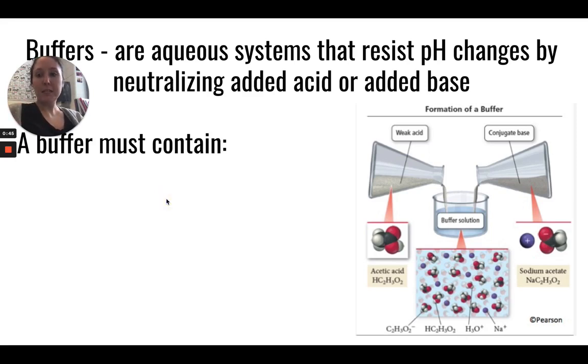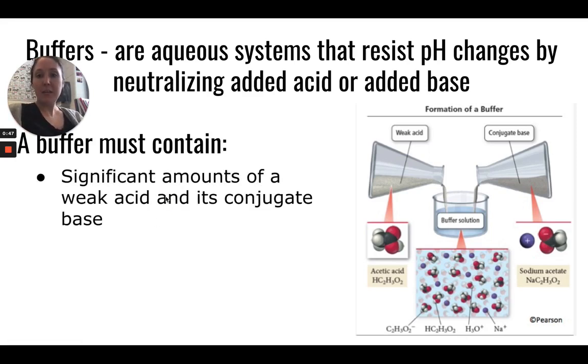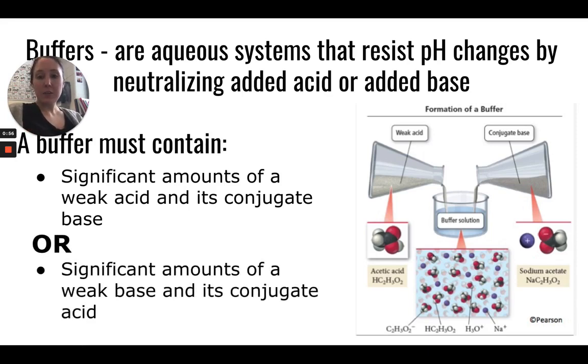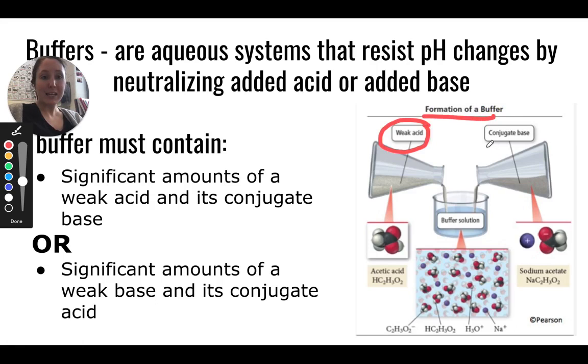A buffer must contain significant amounts of a weak acid and its conjugate base, or it has to contain significant amounts of a weak base and its conjugate acid. Over here in this diagram, this is forming a buffer, and I'm taking a solution of a weak acid and its conjugate base, and I'm pouring them together, and this is the buffer solution.